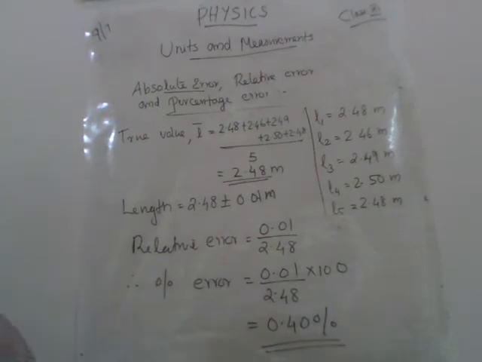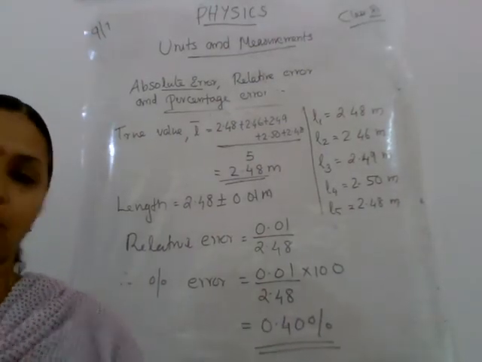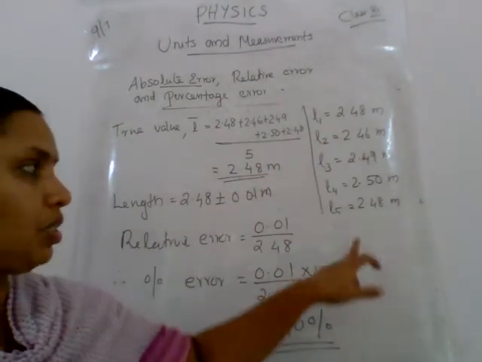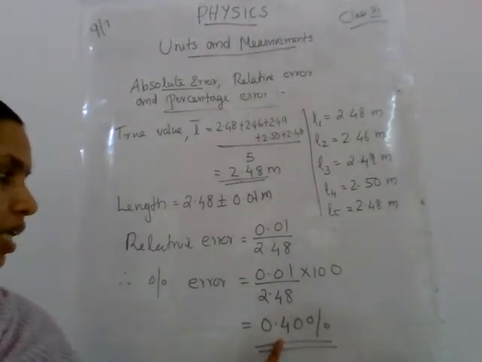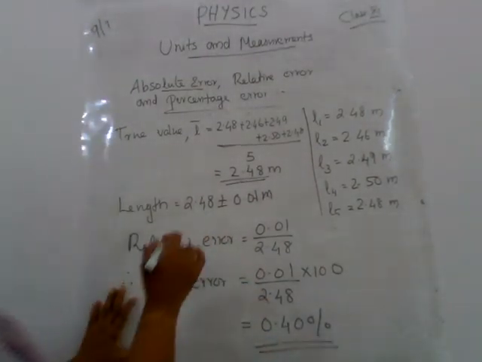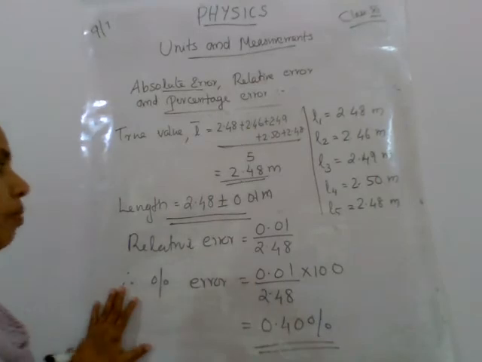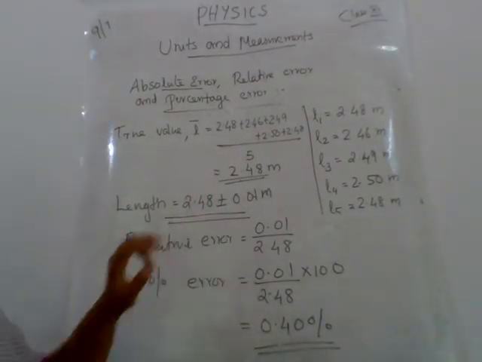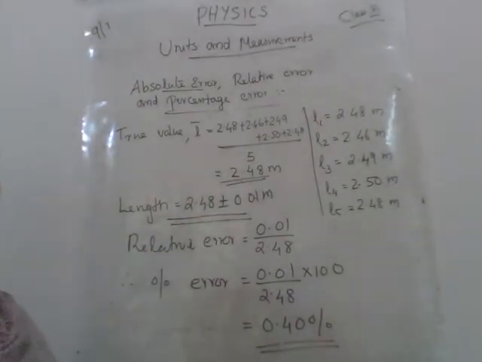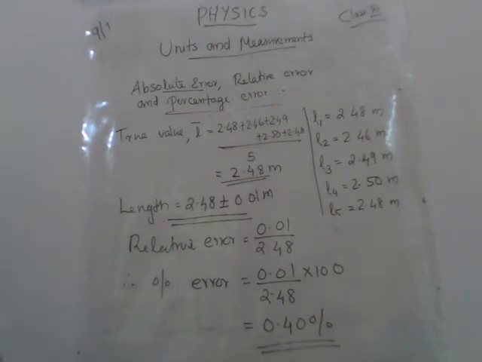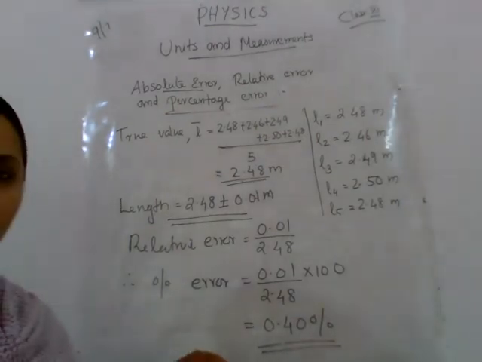Simplify it and you will get 0.4%. So in this measurement, the percentage error is 0.4 and this is the length. You have to represent it like this: true value plus or minus the mean absolute error.